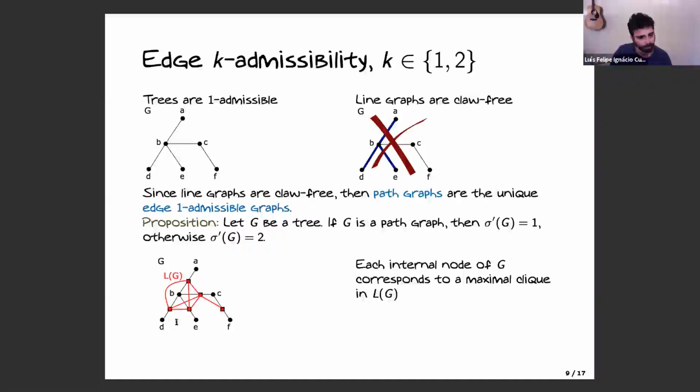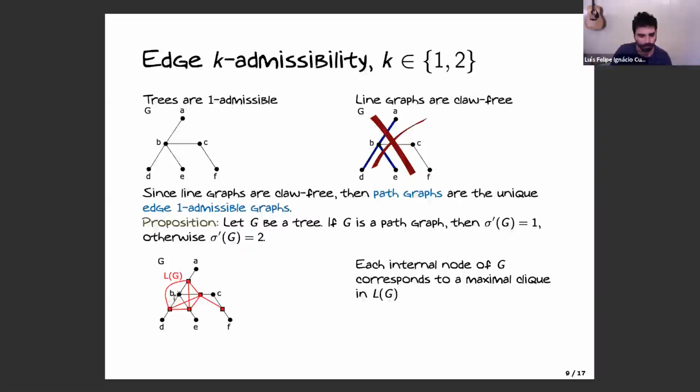We just consider any arbitrary tree as the input. G here is in black, and looking at its line graph, for each internal vertex of the tree, in this example B and C are the internal vertices and A, D, E, F are leaves, there is a corresponding complete subgraph in the line graph, of size exactly the degree of the associated internal vertex.